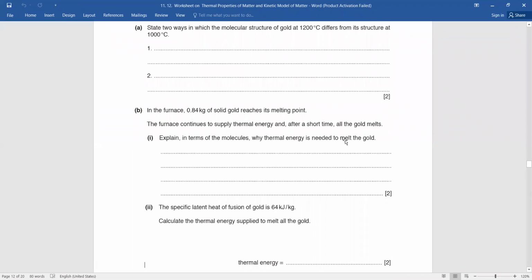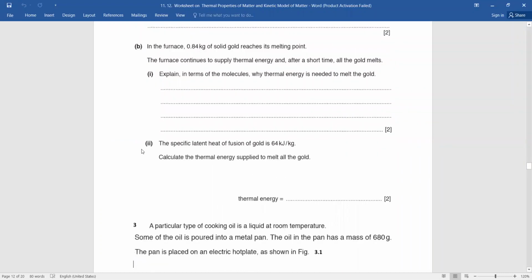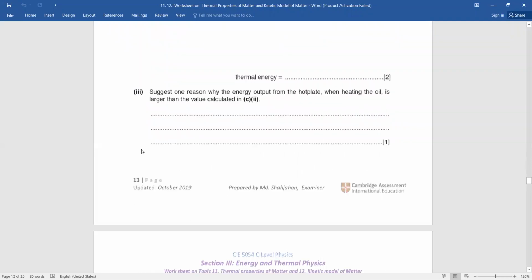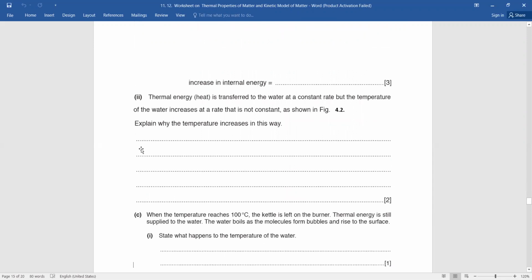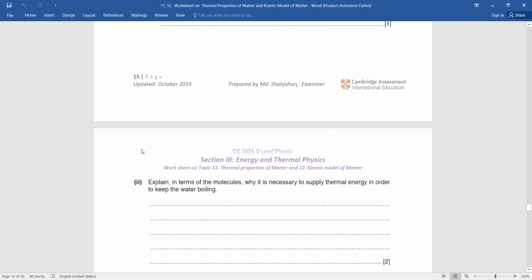So what was the answer yesterday? Why did we need thermal energy to melt the gold? Can you see from your notes? Read it loudly and slowly, please, so that everyone can understand. To break the structure of the solid, we need to do some work. That's why thermal energy.